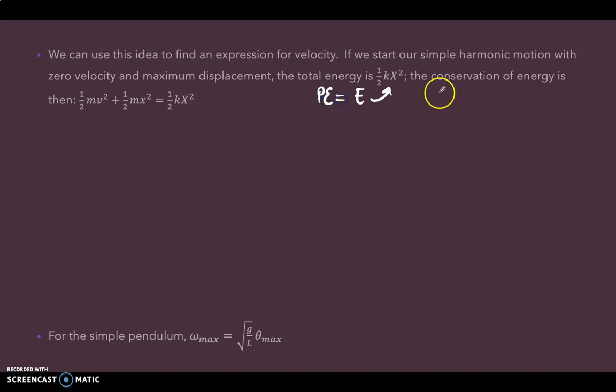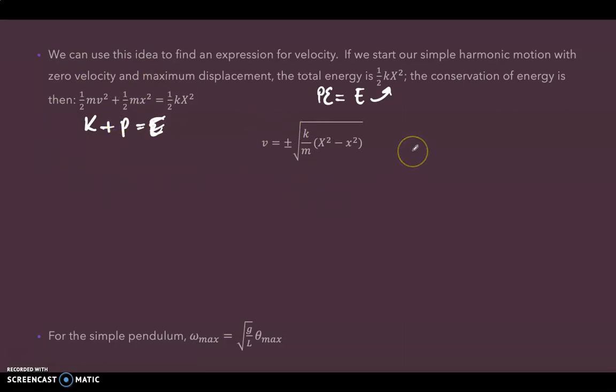And so the conservation of energy will state this: the kinetic and the potential is just equal to this energy E. From that, you can do some calculating and solve for our velocity here.